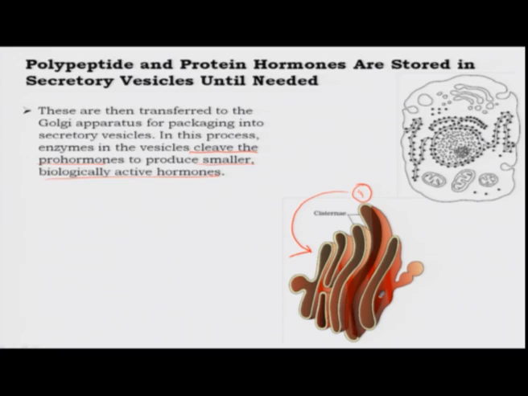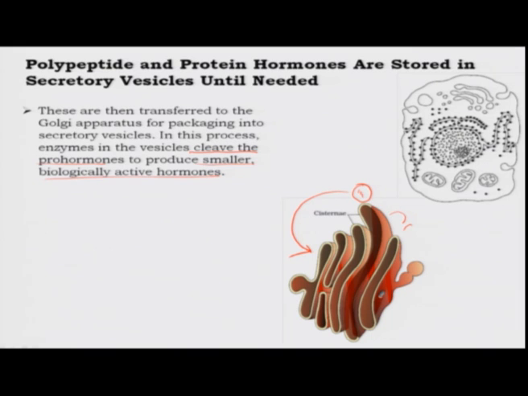So, the actual final processing of the hormone takes place in the Golgi complex, and as it goes through the various stacks of the Golgi from the cis to the trans, at the trans face what is released is a vesicle containing the final processed biologically active version of the hormone.